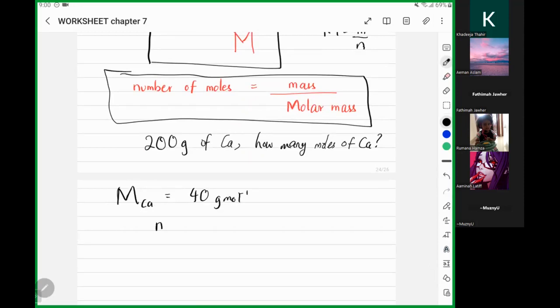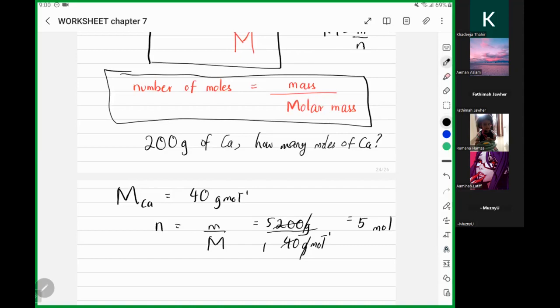So how will I find n? n equals m over M. The mass is 200 grams, divided by 40 grams per mole. So what will you get? 5, no? 5 mole. Is this clear?